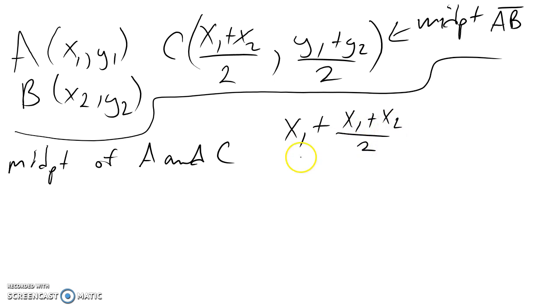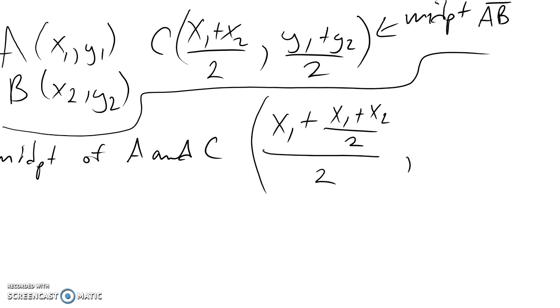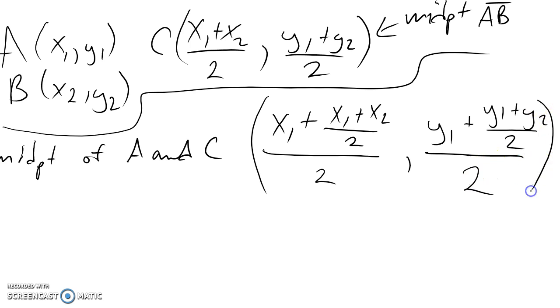Now this whole thing is divided by 2, because remember the formula is the average of the x's. I'm going to do the same thing for the average of the y's. So here we'd have y1 plus (y1 plus y2) over 2, and then the whole thing is divided by 2.